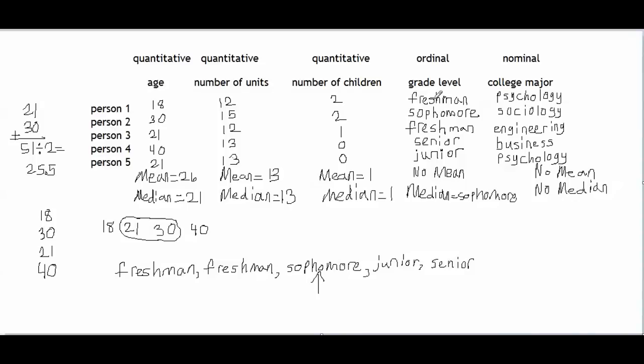If I had freshman, sophomore, freshman, senior, with no junior, this would be my set of data. It would be freshman, freshman, sophomore, junior.